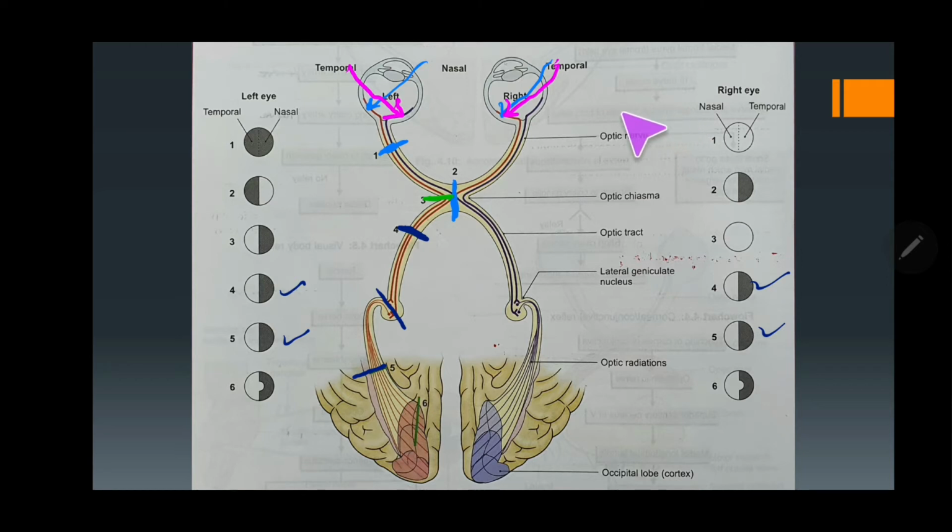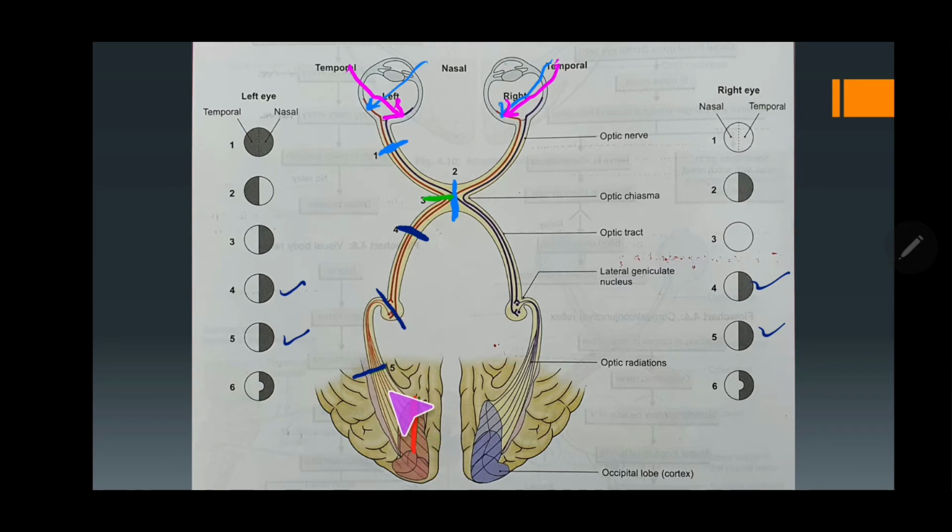Okay, now in this diagram they have shown another thing: a lesion at number 6. Number 6 is this lesion here. From the LGB, 90% of the fibers of the optic tract relay here in the LGB, and they are projected via the optic radiation for conscious visual perception, and they reach there.